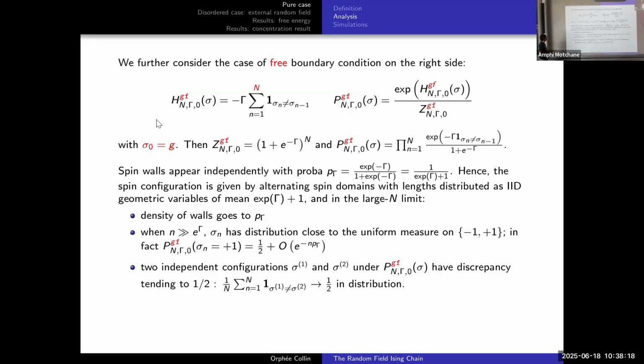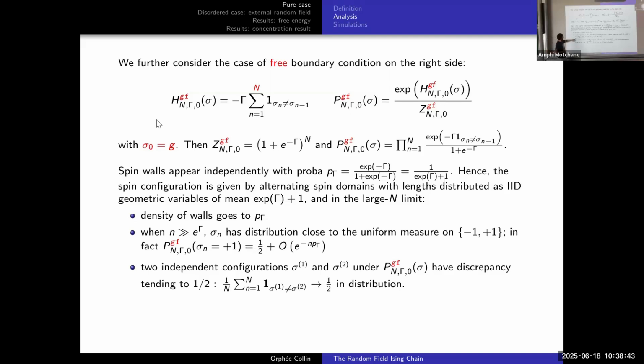It's fairly easy. In particular, for very large systems, the density of walls converges towards this p gamma. Also, when we are far away from the left side, the marginal distribution of sigma n is uniform over minus 1, plus 1.